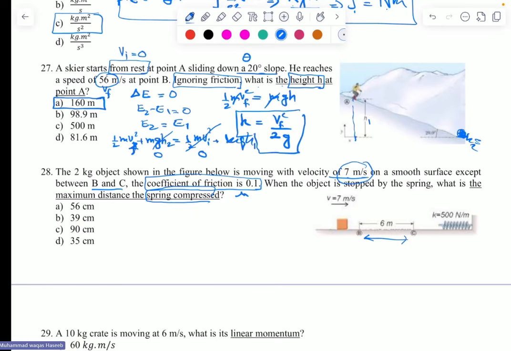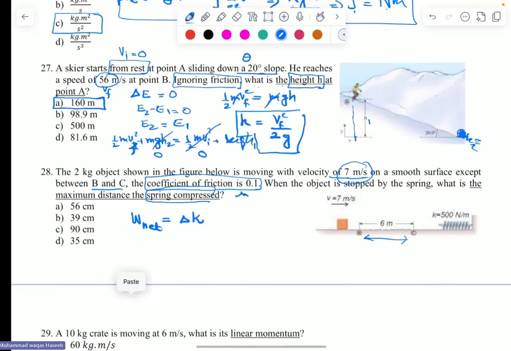If you know the work-energy principle, the external work is done. So net work equals the change in kinetic energy.